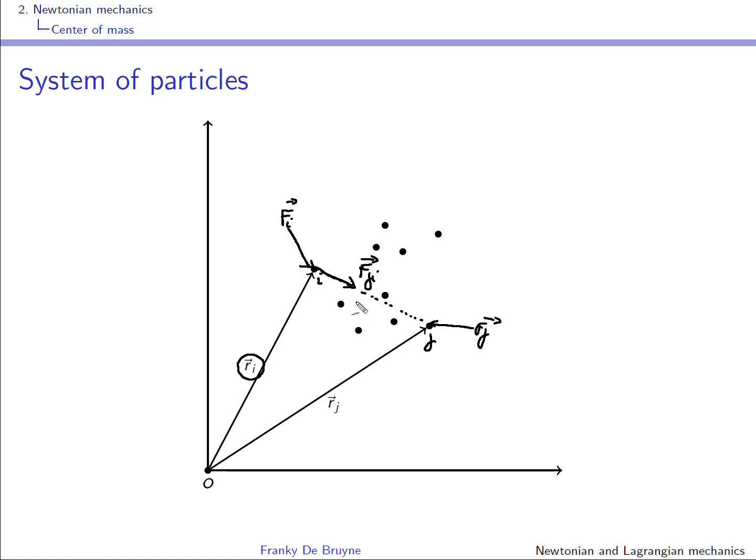But of course on particle i there are lots of other forces acting, like this one, etc. All the forces that I have drawn here are internal forces, and on each particle we'll assume that we can collect all external forces in one term that denotes the external influences.